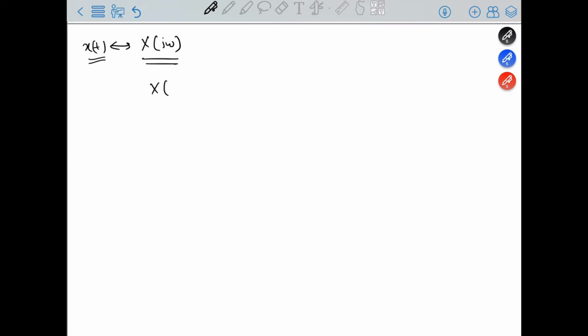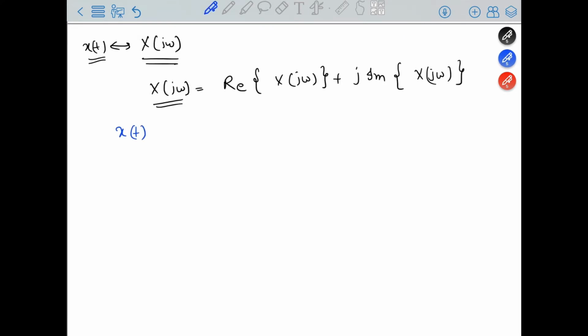X(j omega) is represented in rectangular form as the real part of X(j omega) plus j times the imaginary part of X(j omega). So this is the rectangular form of X(j omega), the Fourier transform of x(t). And now we are saying that x(t) is real.